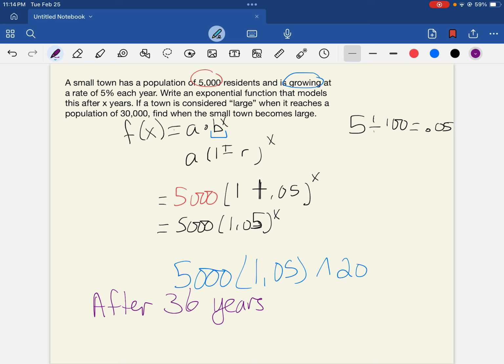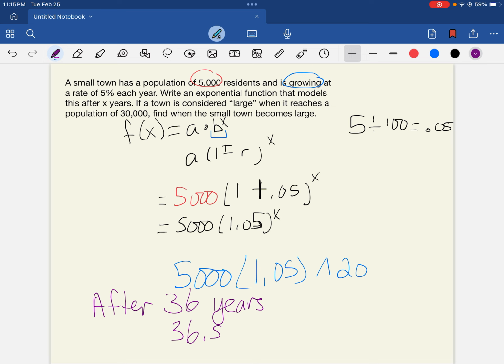So what I could say is after 36 years. Because at 36 years, I have like 29,000 people. It's a little bit too low. 37 is a little bit too high. Just sometime after the 36th year, we will be over. If you want to be more accurate and say, oh, after 36 and a half years, that is okay.